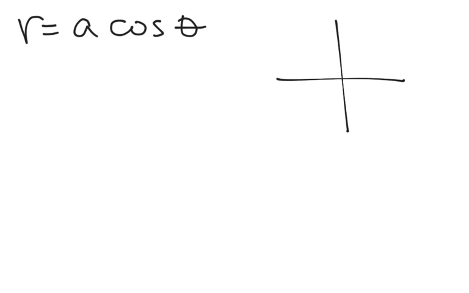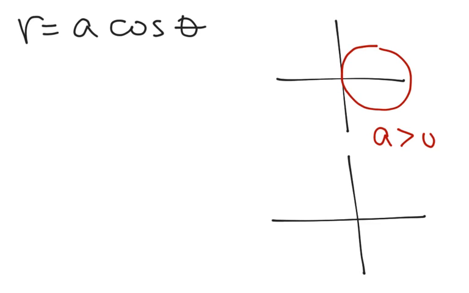Cosine will be a circle to the right of the y-axis if a is positive, and it will be a circle to the left of the y-axis if a is negative.